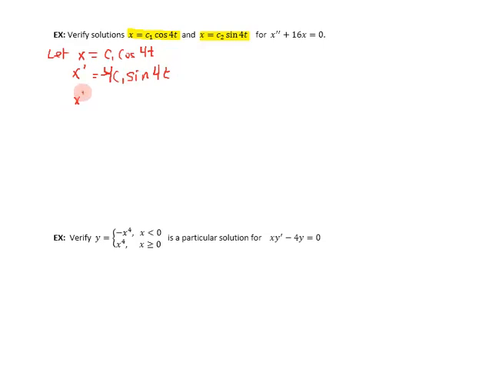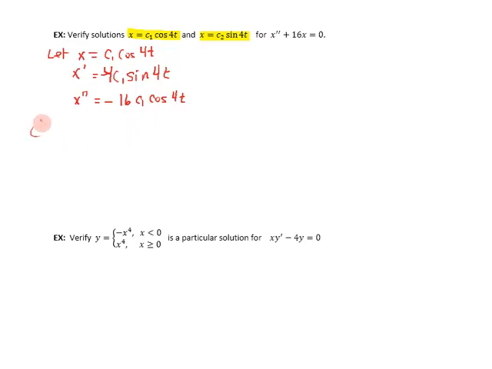The second derivative: the derivative of sine is cosine, so you still have the negative and the 4c1, times a 4 again, so you get negative 16 c1 cosine of 4t.